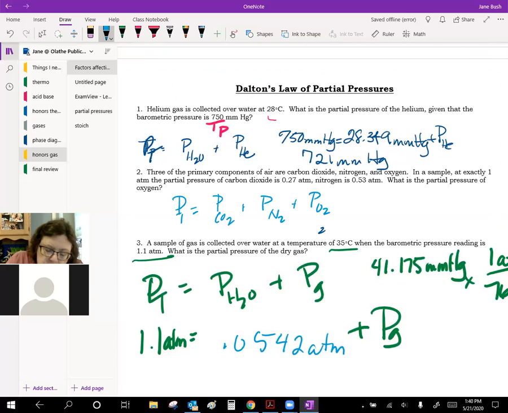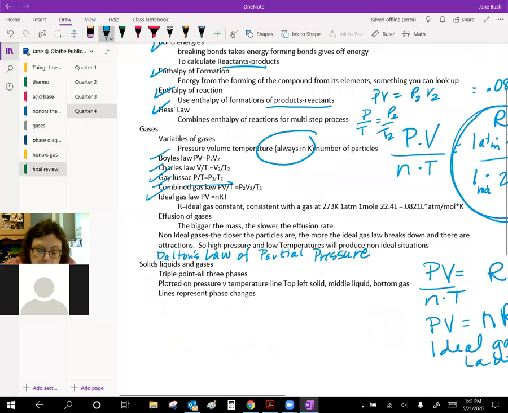It tells you the total is 1 atmosphere. The carbon dioxide is 0.27. The nitrogen is 0.53. And you just solve for the pressure of the O2. Again, straightforward. That one I feel like is, once you've worked a couple, you're good.